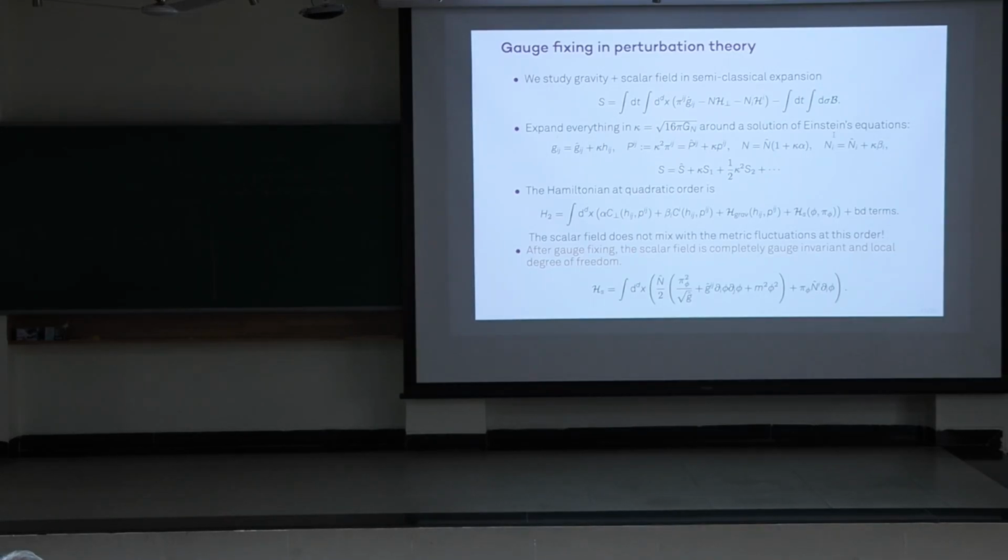But the stress tensor of the scalar field is quadratic in the scalar field. So the first term can only be a metric fluctuation times two scalars. How could you get a metric fluctuation times a single scalar? It would suggest that the metric was sourced by a single scalar when you worked out the equation of motion.